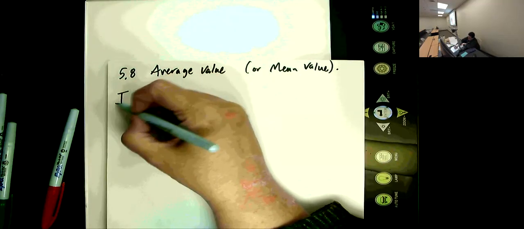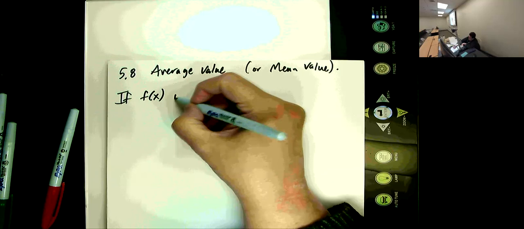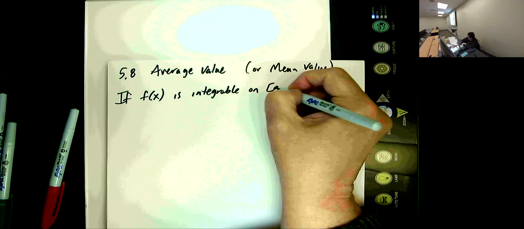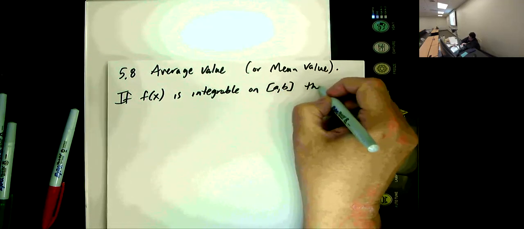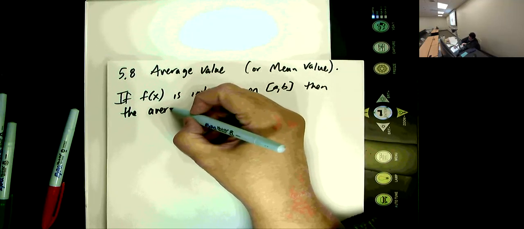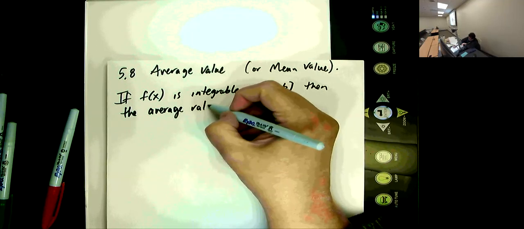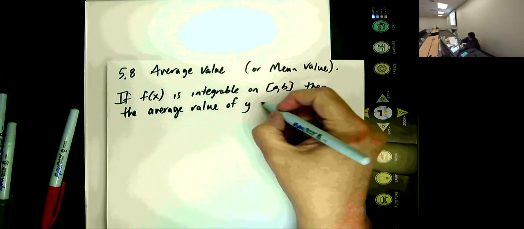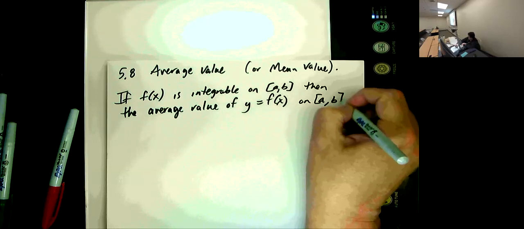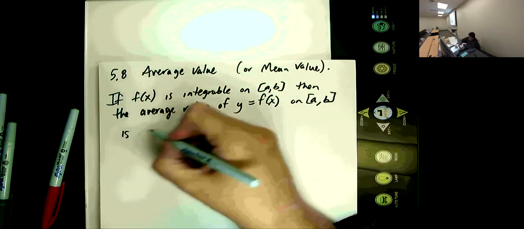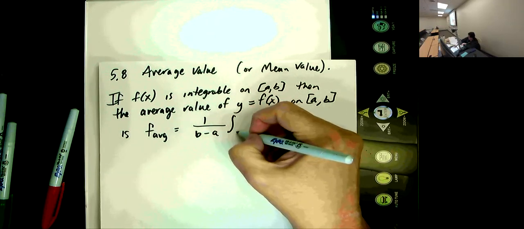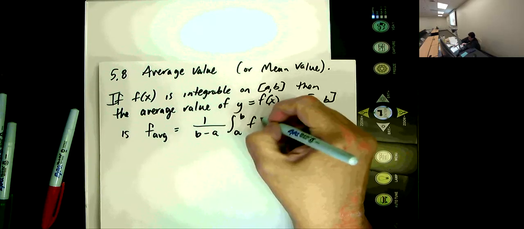If f of x is integrable on a to b, then the average value of y, or f of x on a to b, is f average equals 1 over b minus a times the integral from a to b of f of x dx.